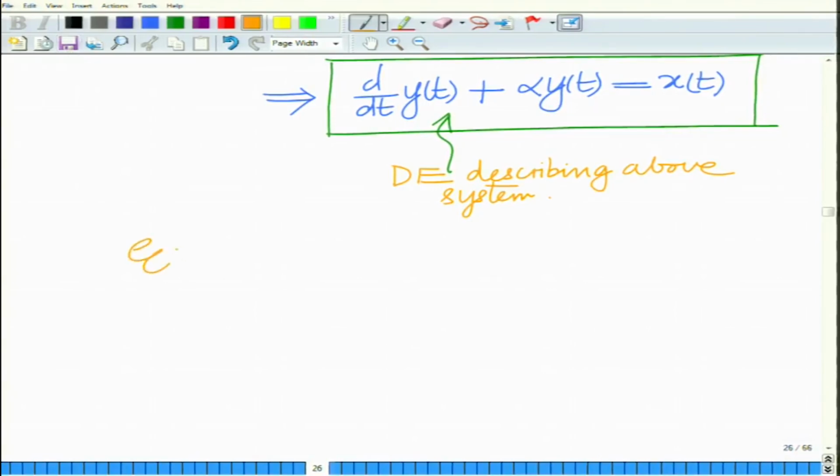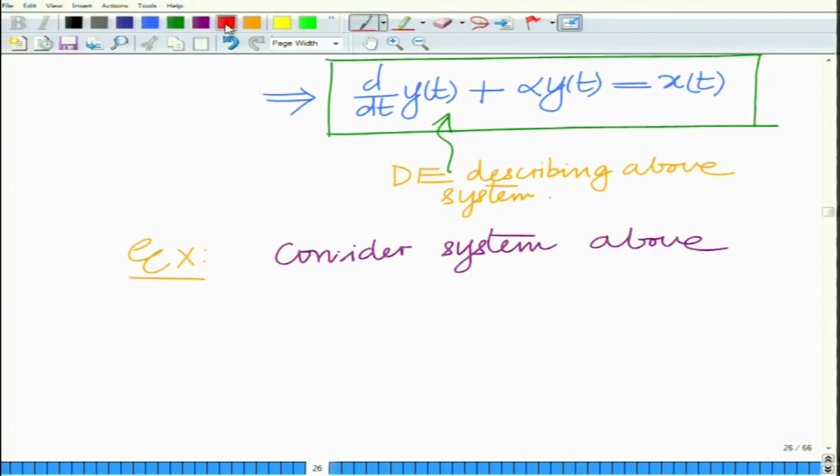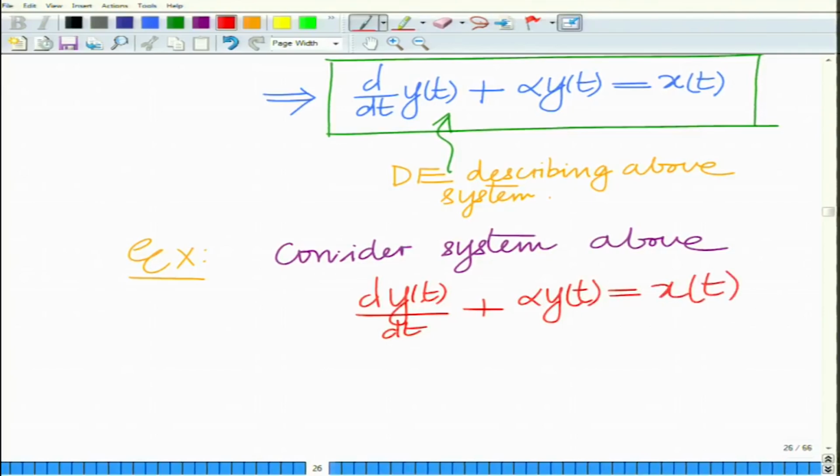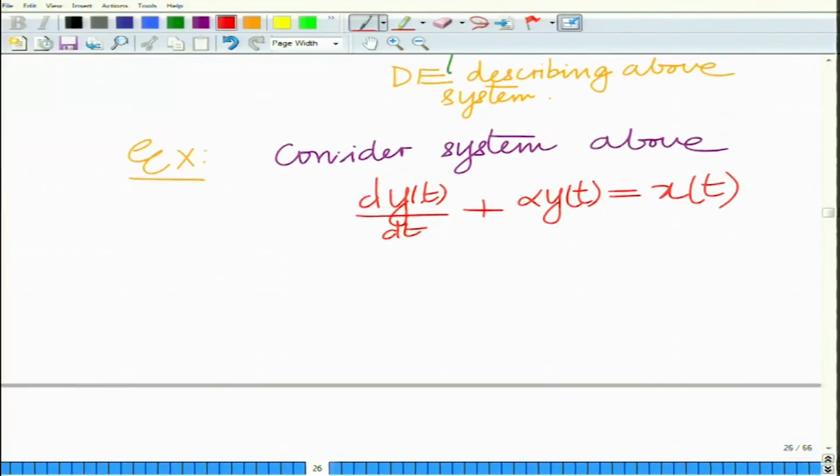Let us consider, as another example, the same system that we have derived above, which remember is described as d dt y t plus alpha y t equals x t, and an auxiliary condition.